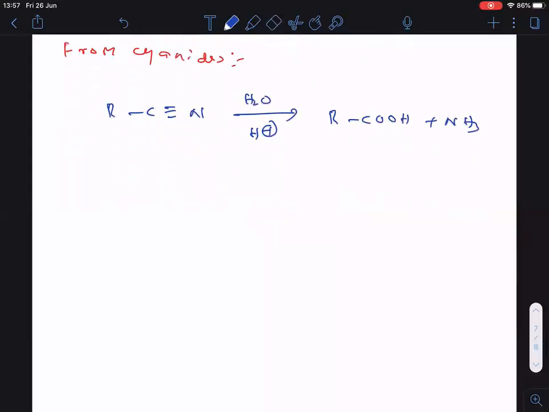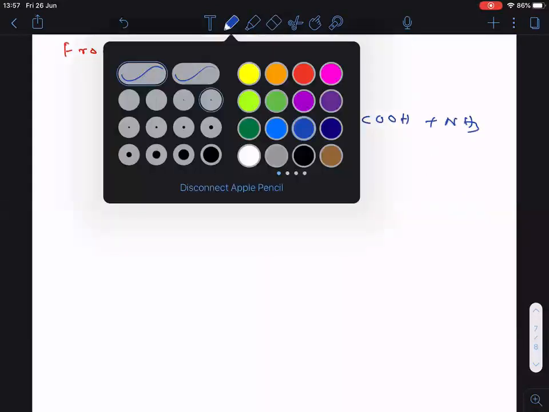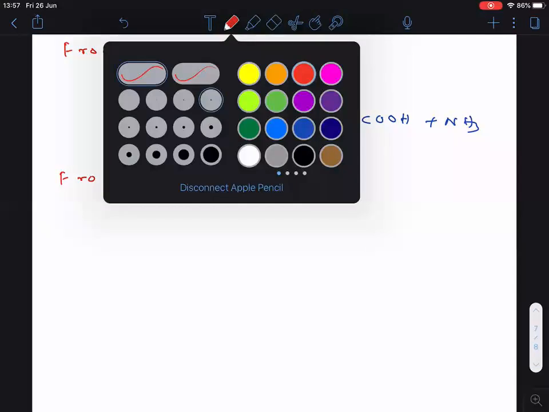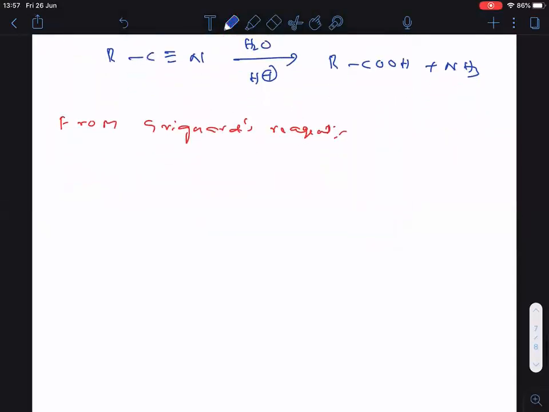I hope you completed everyone. Okay, right. Let me go for the next preparation method. Okay, so the next preparation method is from Grignard's reagent.